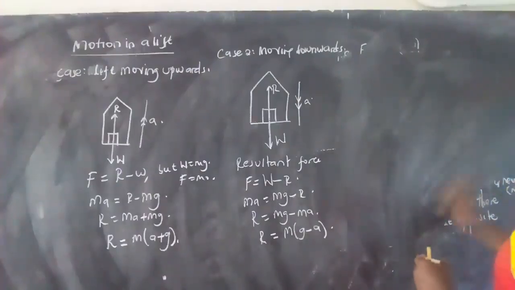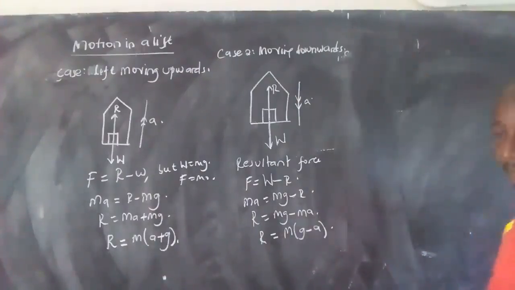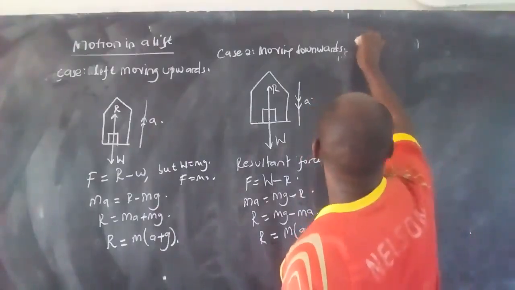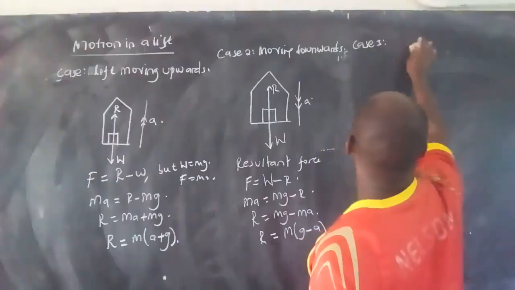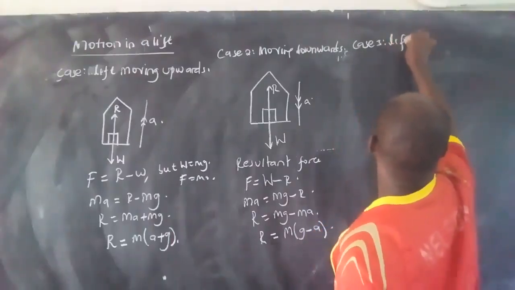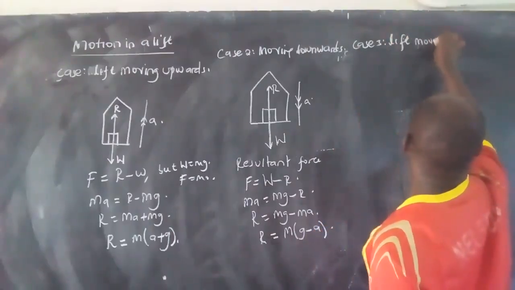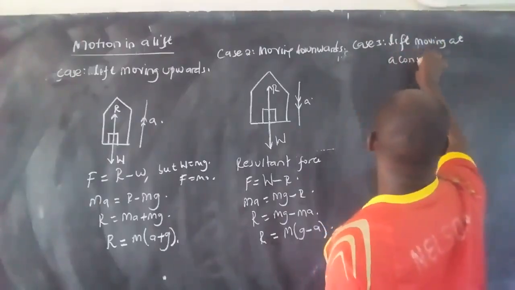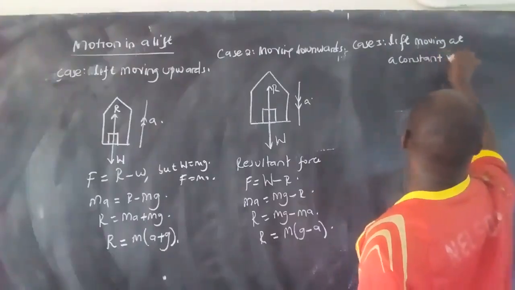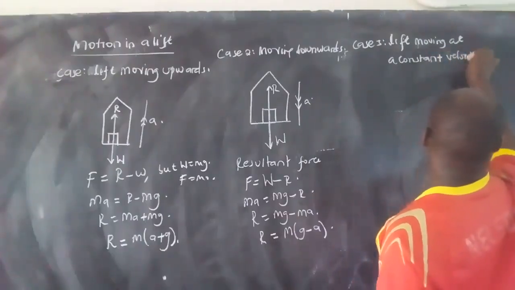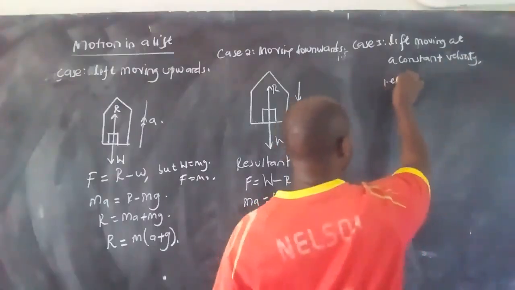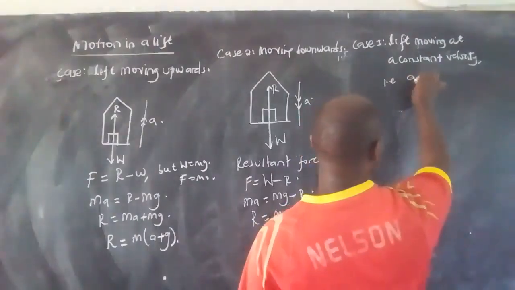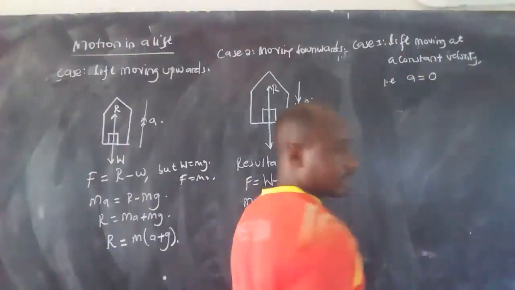Then we have another one, case 3, lift moving at a constant velocity. That is, if the lift is moving at a constant velocity, it implies that it is not accelerating, therefore acceleration is what? 0.